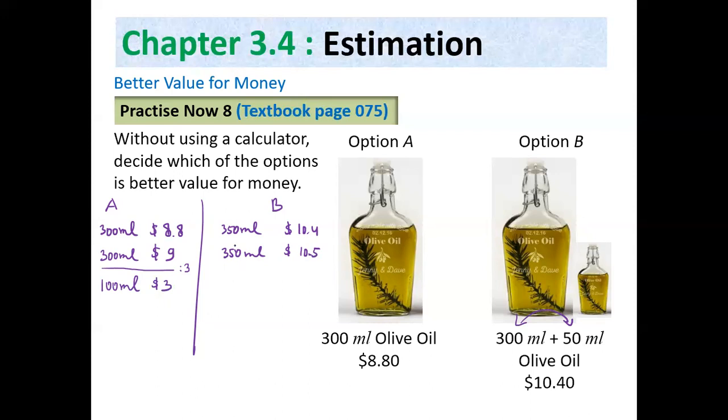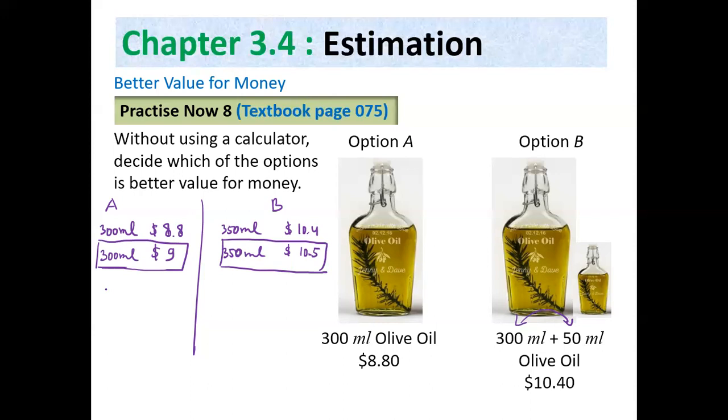Okay, so how about 100 milliliter of this? Or how about if I divide this by this? This is how I do it. Think with me, because this is the hardest part. I want to divide 300 and 350.